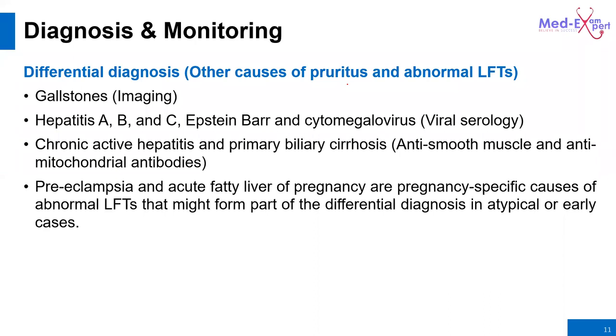These are pregnancy-specific causes of abnormal liver function test that might form a part of differential diagnosis in atypical or early cases. Some atypical or early cases of obstetric cholestasis can lead to abnormalities in the liver function test before pruritus appears. So also you have to exclude preeclampsia and acute fatty liver.